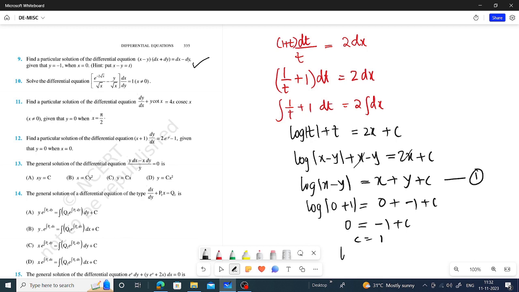So our particular solution is log of x minus y equal to x plus y plus 1. This is the solution.